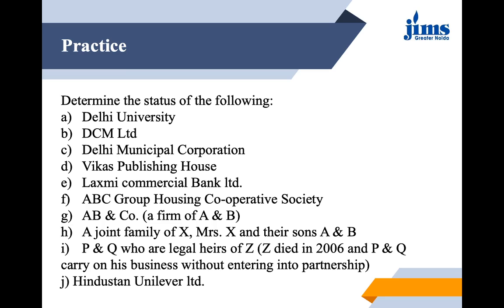I don't think so. There are no individuals, there are departments, colleges. Is it a local authority? No. So obviously it will fall under the last category as an artificial juridical person, because it is not falling in the first 6 categories. So Delhi University you would consider as an artificial juridical person.